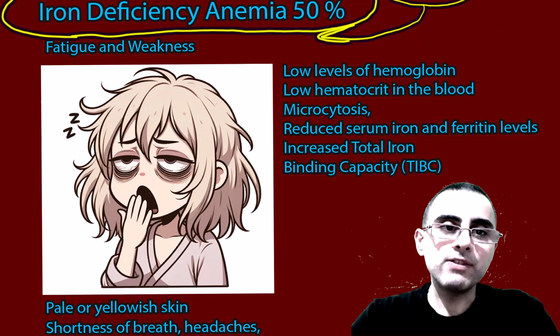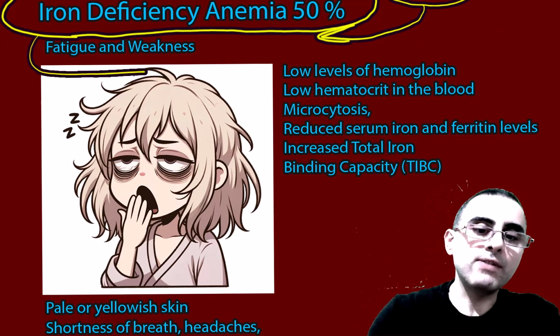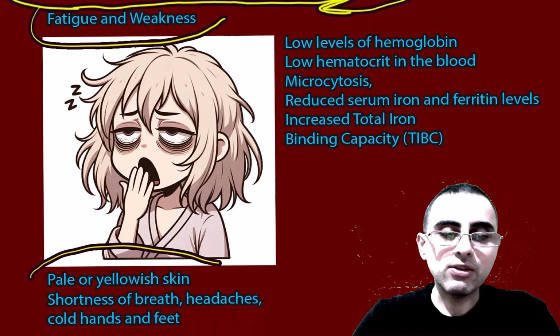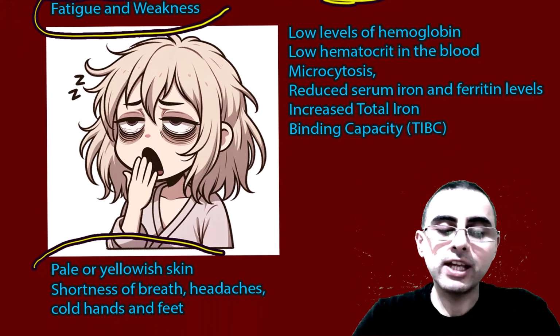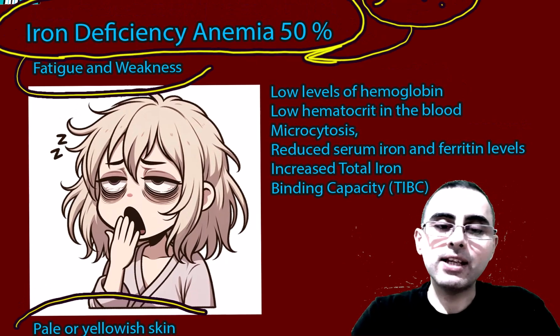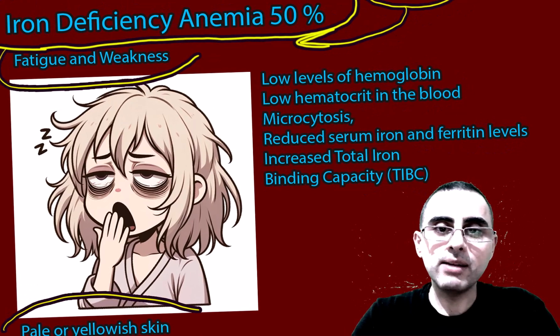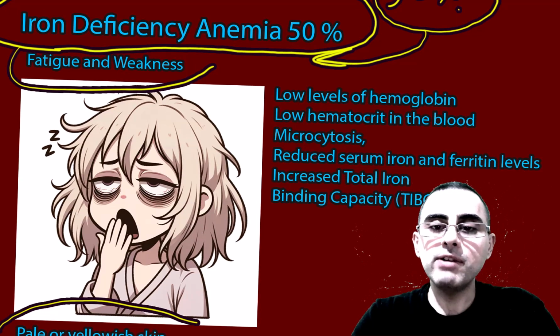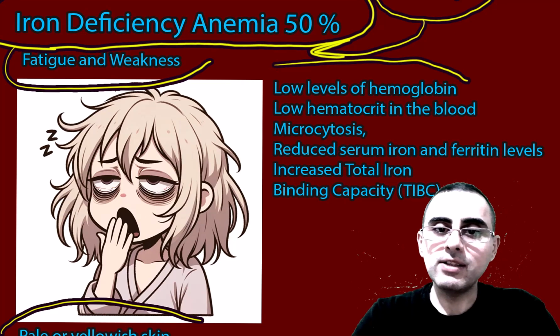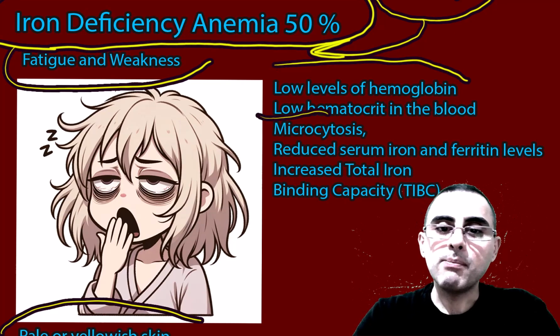Symptoms of iron deficiency anemia are fatigue and weakness, pale or yellowish skin, shortness of breath, headache, cold hands and feet. And how can we detect iron deficiency anemia in the laboratory? We have a low level of hemoglobin. It's very important and definitive. Also low hematocrit in the blood.